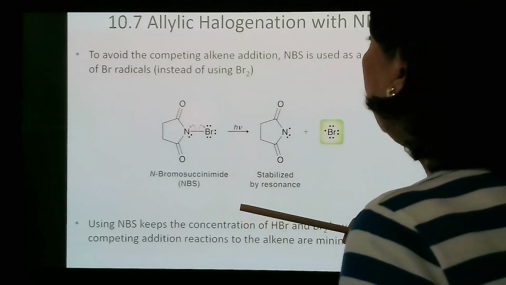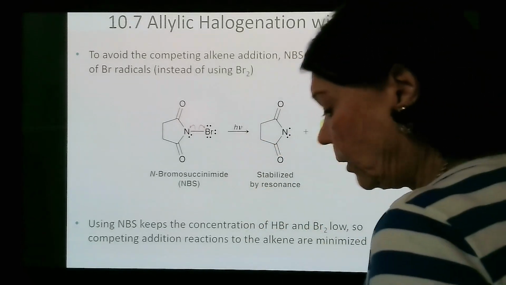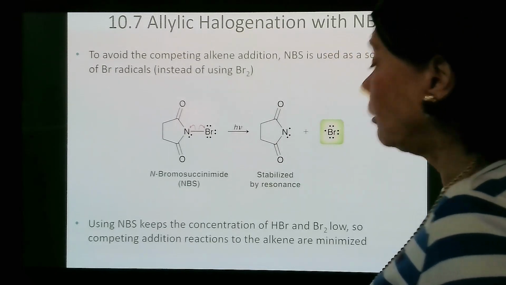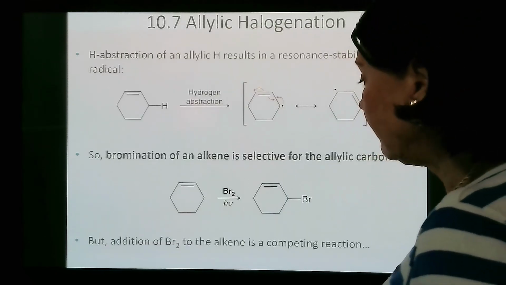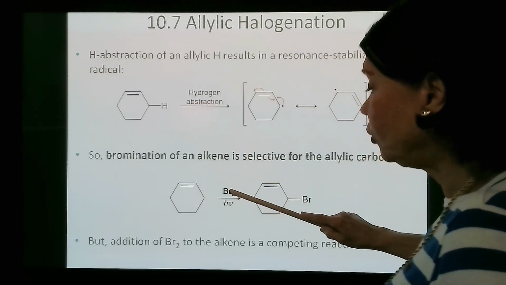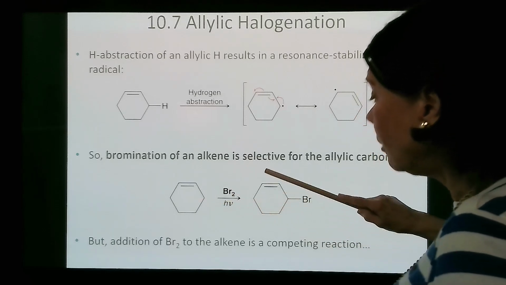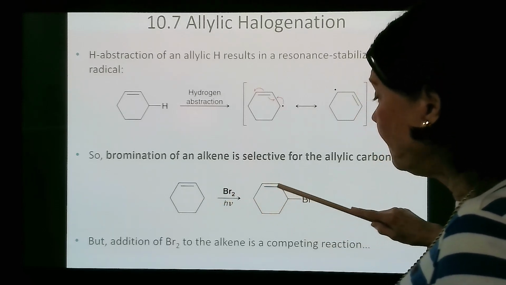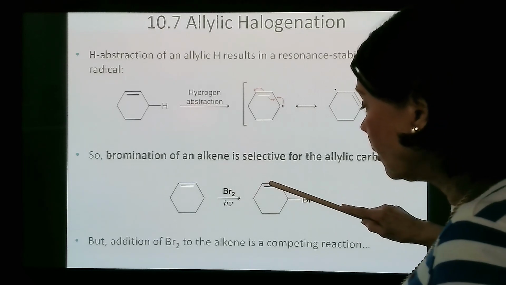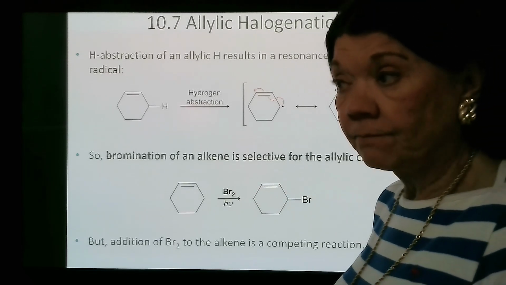And so here, now this is allylic halogenation with N-bromosuccinimide. Now let's go back and look at this. Look, here, this is with Br2, with just molecular bromine. And so you could envision in this, you could also have addition of bromine across that carbon-carbon double bond as a competing reaction.